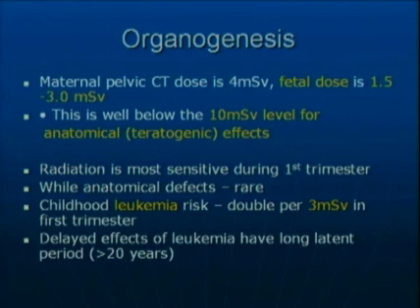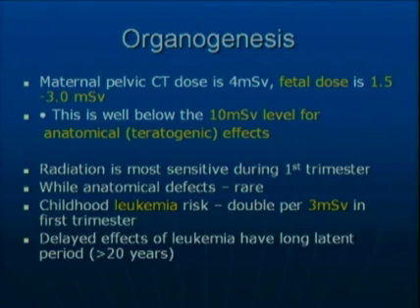Now I have to go back to our physics a little bit, and basically we know that if you have a 10 millisievert level of radiation to an embryo in the first trimester, there may be anatomical defects. But in fact, if you're at about the 2 to 3 millisievert level, which you are with a single CT through the pelvis, you can actually increase the risk of childhood leukemia.